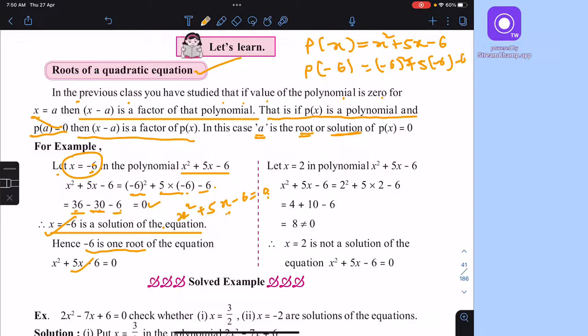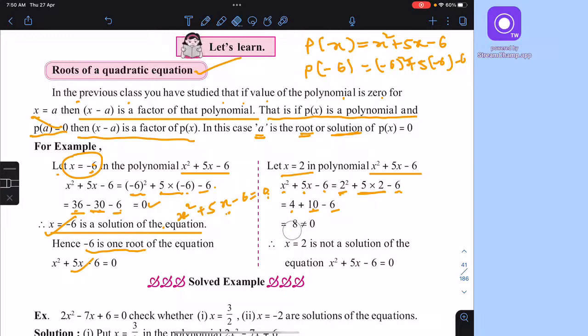Okay. Now consider x equal to 2. Let us study one by one. So in the polynomial x square plus 5x minus 6, if you put x equal to 2, x square means 2 square, plus 5 into x is 5 into 2, and minus 6. 2 square is 4, 5 into 2 is 10, 4 plus 10 minus 6: 4 plus 10 is 14, 14 minus 6 is 8.